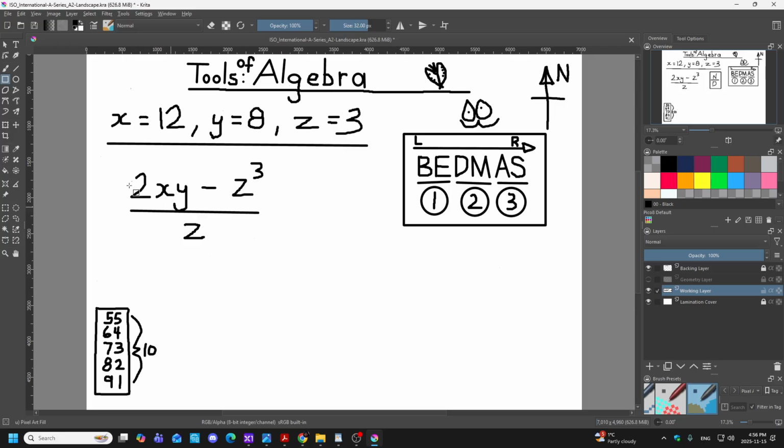All right. Double check. 2xy subtract z cubed all over z. Okay. Let's substitute.